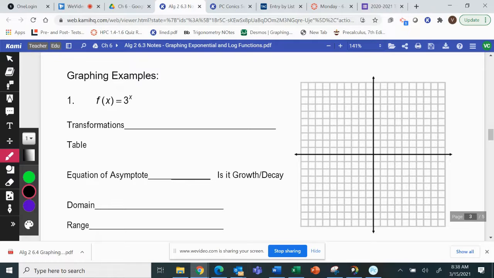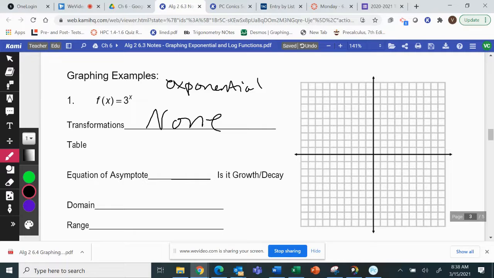Okay, so then what is this? Exponential. Thank you, all of you who answered. It's exponential. What transformations are happening to 3 to the x on here? I will take your silence as the correct answer. There are none.